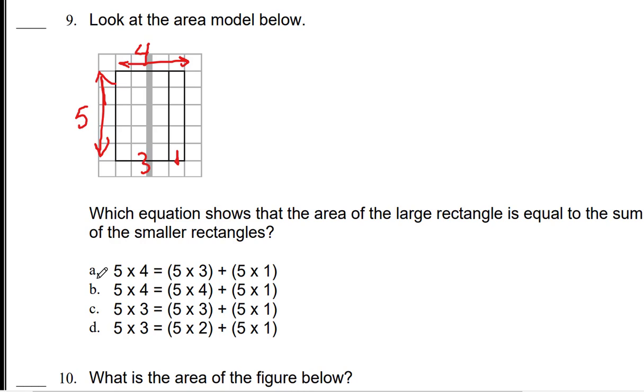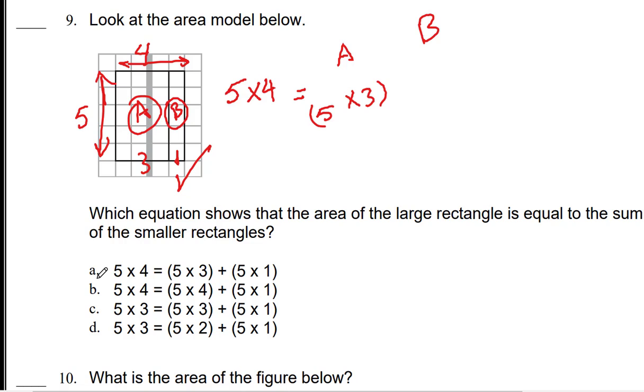In this case, we multiply 5 times 4 for the big rectangle, and for the two small rectangles, rectangle A and rectangle B, the area of A, rectangle A to the left, is 5 times 3. And for rectangle B to the right, it's 5 times 1.